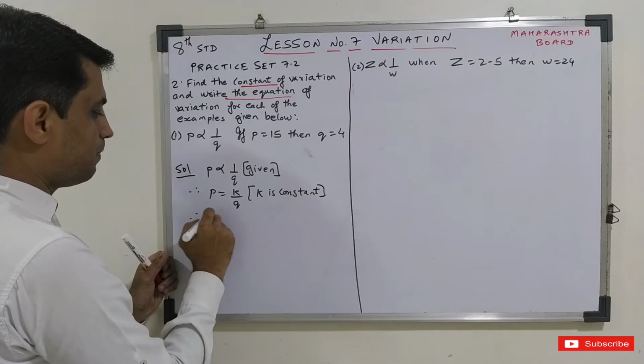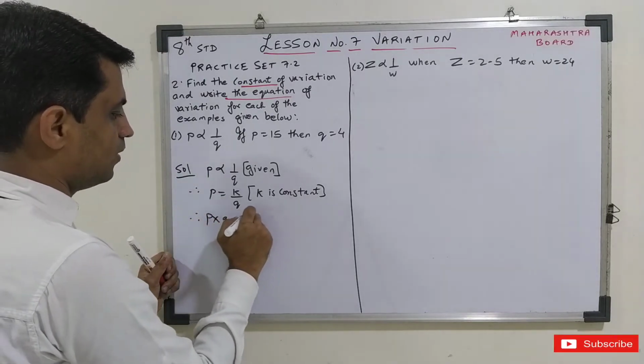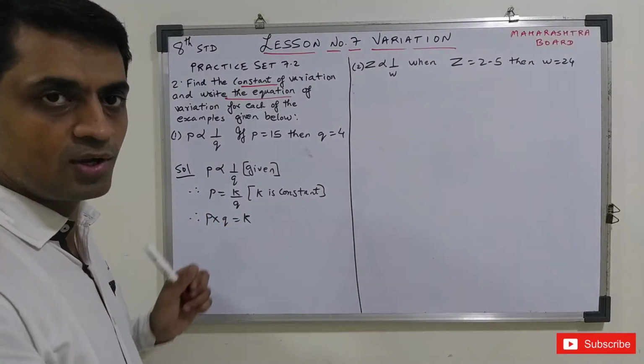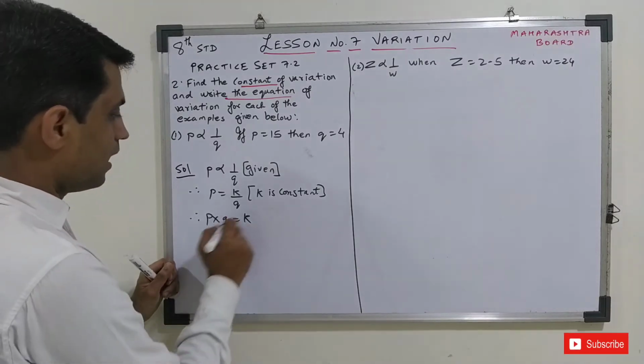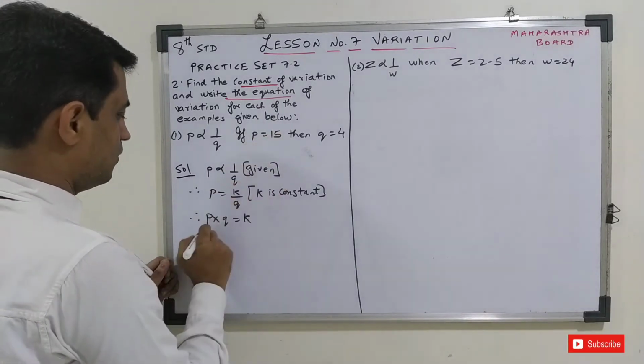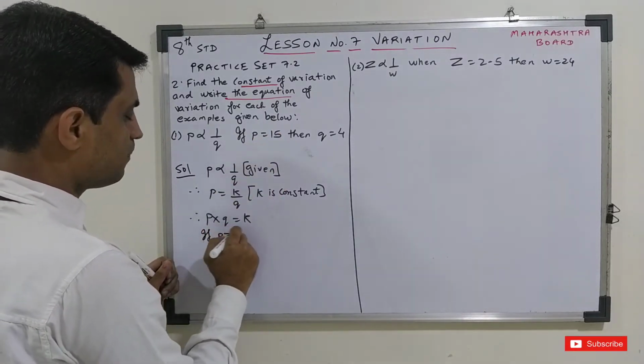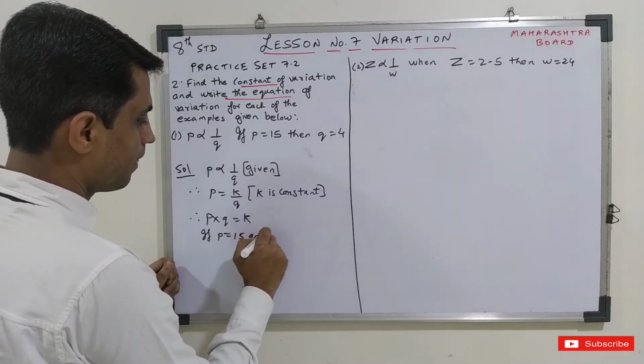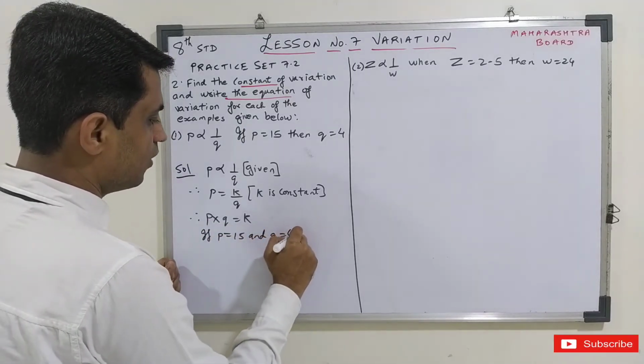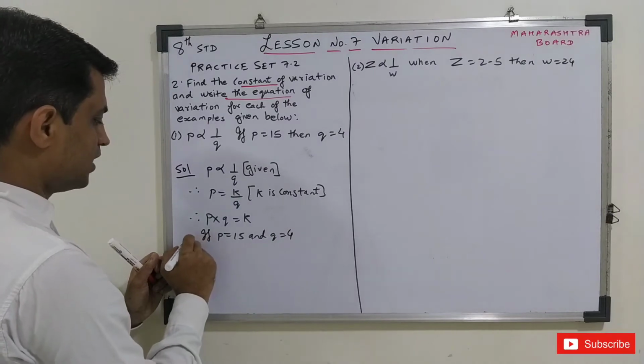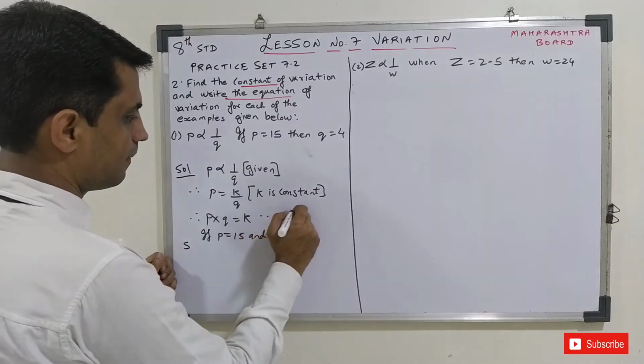So you will get P into Q is equal to K. Now we already have the values. If P is equal to 15 and Q is equal to 4, we substitute. This is our equation 1.